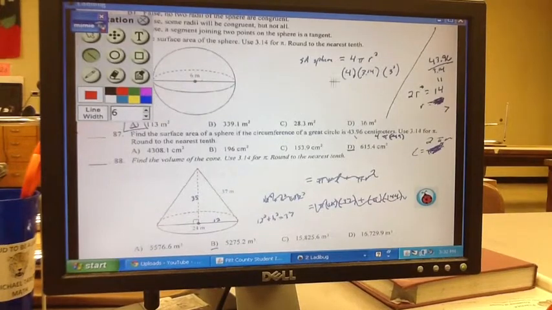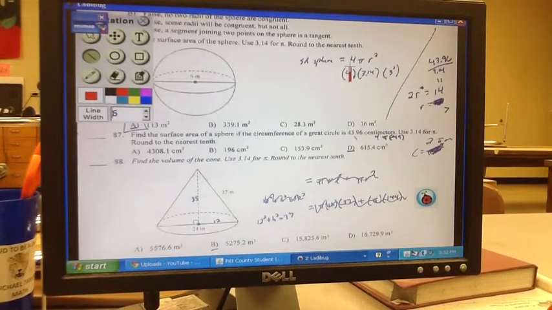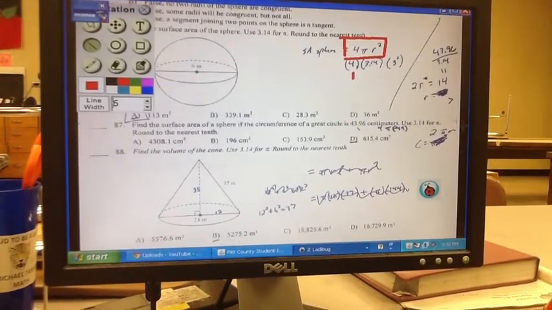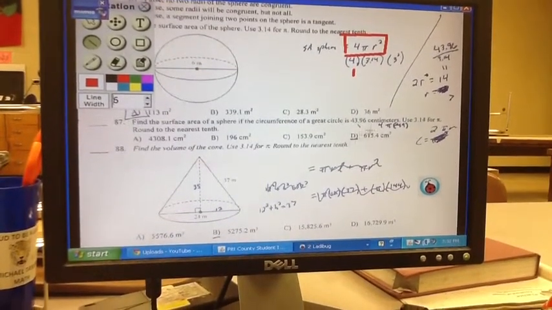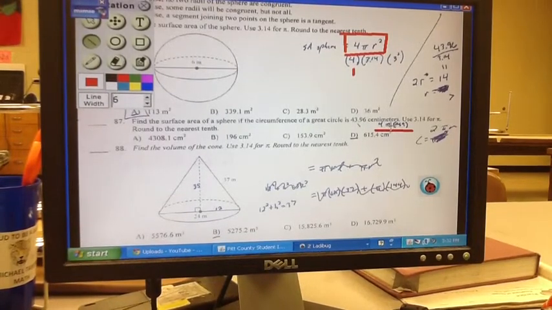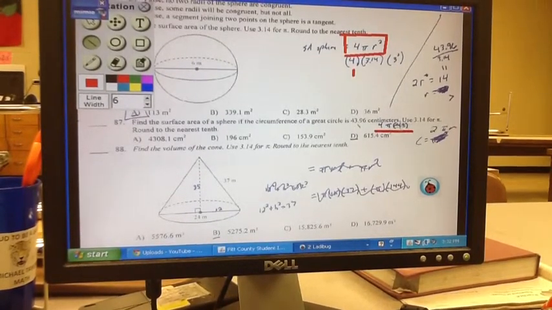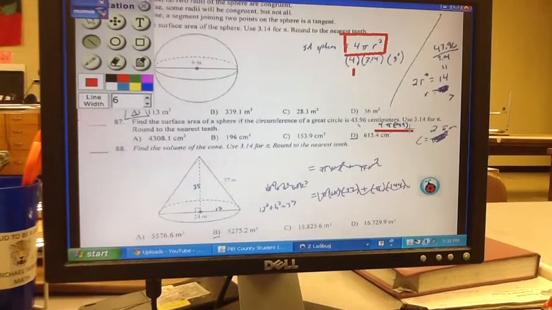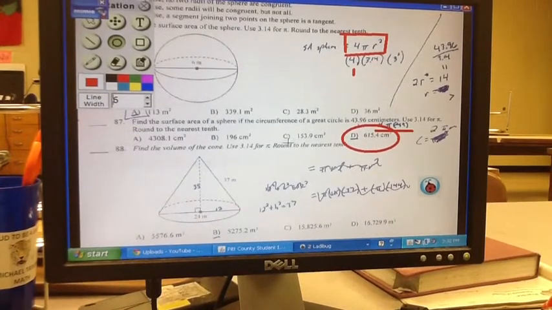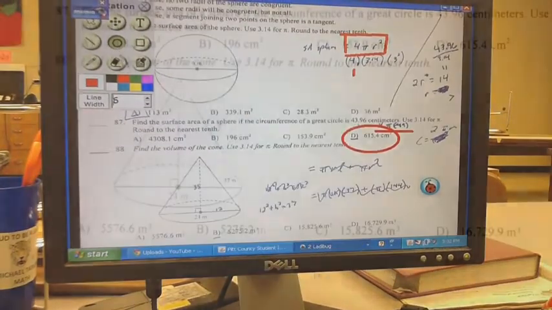So now it's just going back into this same formula and plugging in my 7, and I did that here. 4 times pi times 7 squared, and 7 squared is 49. That's why I went ahead and wrote 49, and we end up with 615.4.